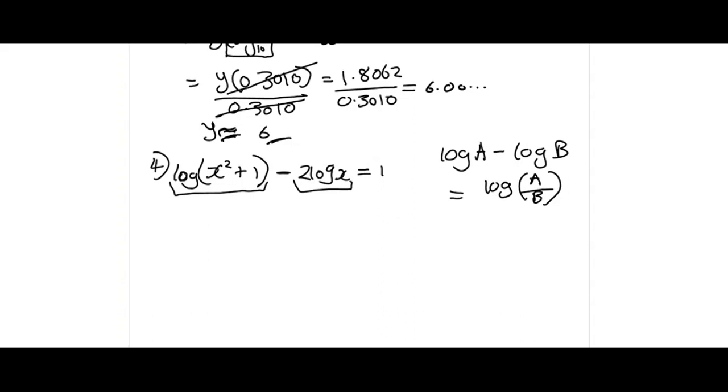So this is exactly what we are going to apply here. But first, we are going to take this 2 that appears outside this log, we'll take it back to the exponent of x. Alright, so I'm going to write this log x squared plus 1 minus, so this 2 is going back, so we have log x squared equal to 1.